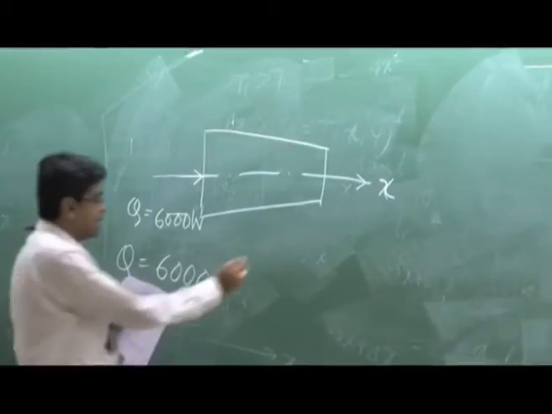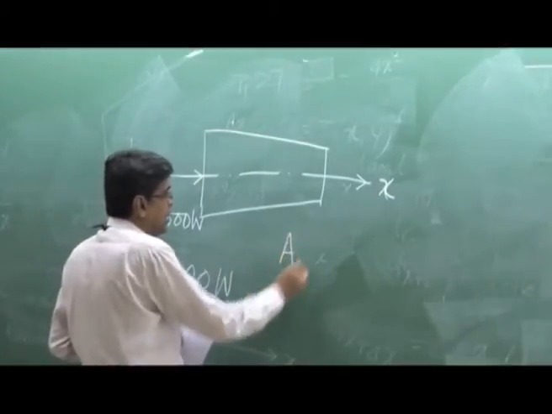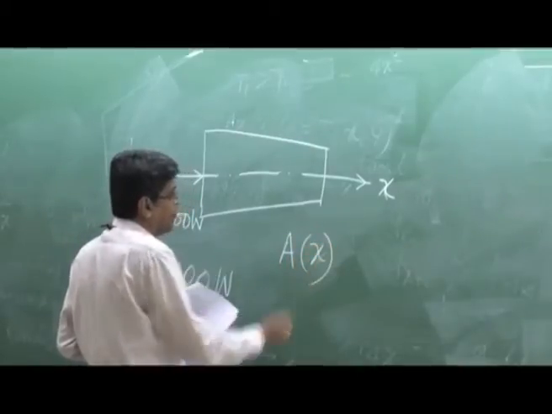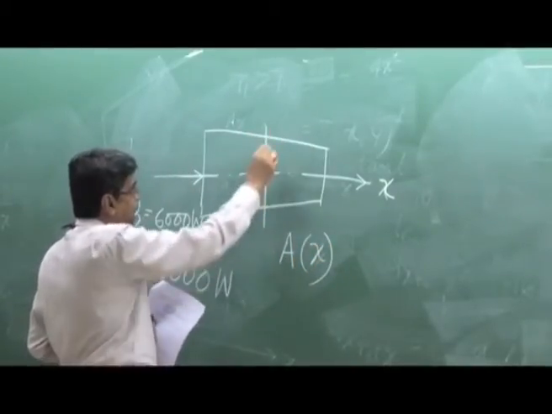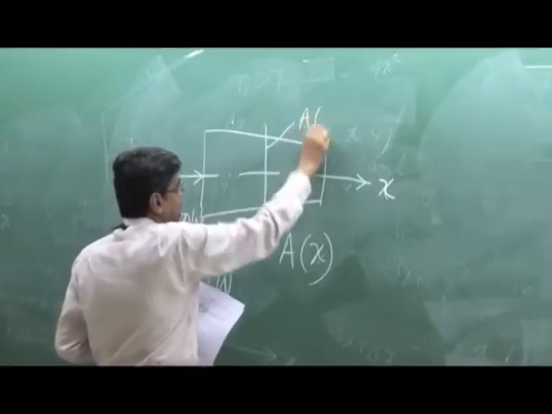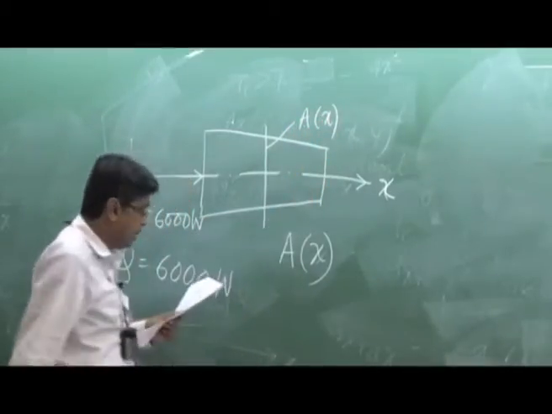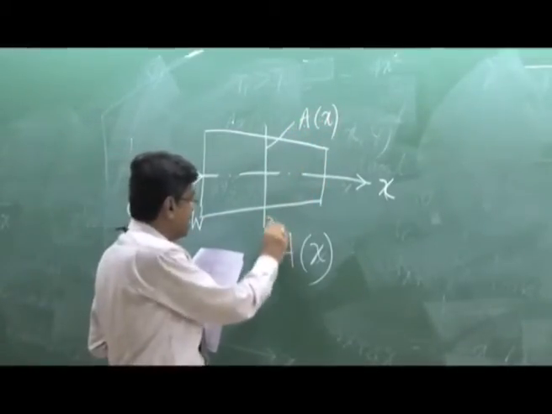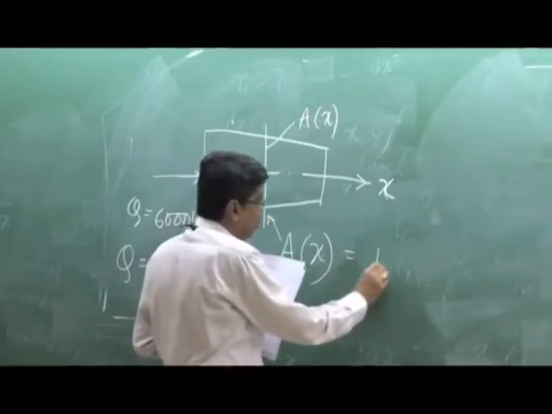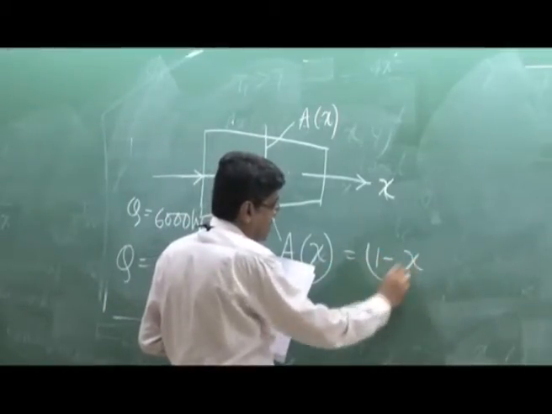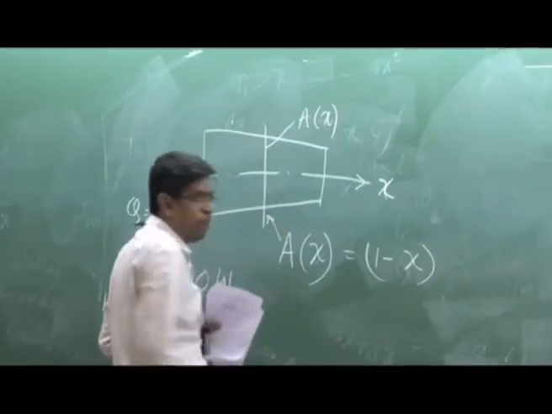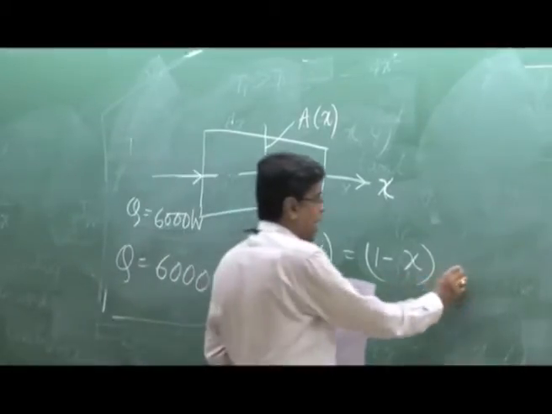Now A(x), here they are writing A as a function of x. That means any cross sectional area, this is A(x), which is given by 1 minus x, where x is in meter and this is in meter square.